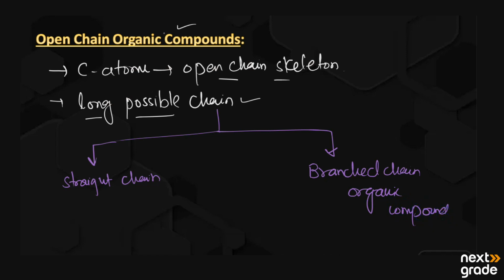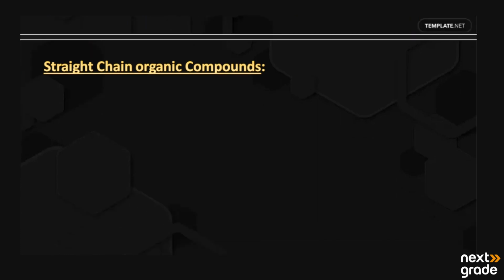So open chain compounds have been divided into two types: the first one is straight chain, and the second one is branch chain organic compounds. So let's have a look at what we mean by straight chain and branch chain organic compounds.